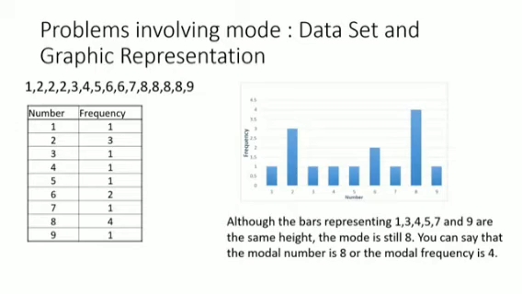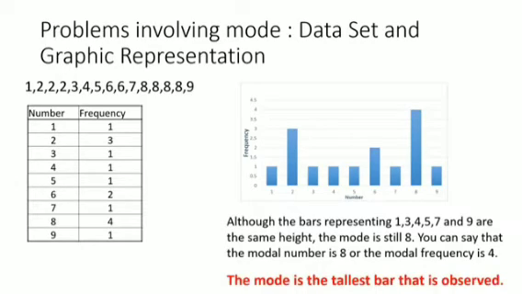This is obtained by looking at the highest bar. The highest or tallest bar in this representation represents the mode. So always keep in mind, the mode is the tallest bar that is observed.